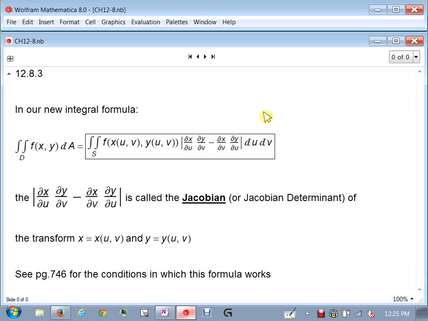All right. So here's the concept of a change of variables. I'm going to show you what's called a change of variables with a double integral. This can be extended into triple integrals, quadruple integrals. We will just look at double.